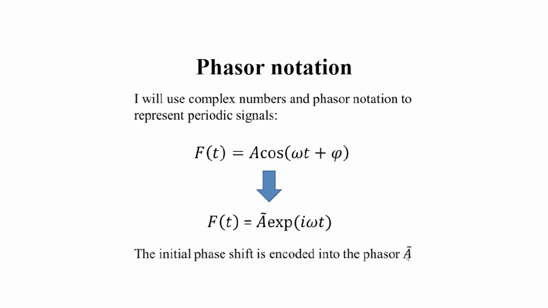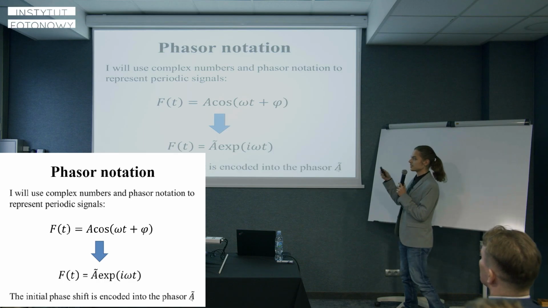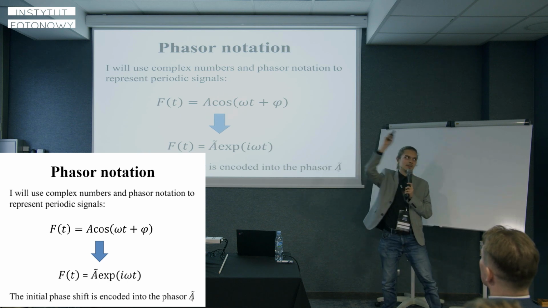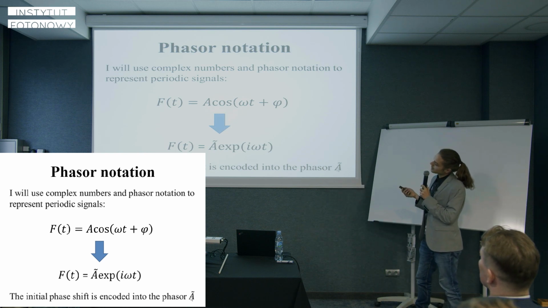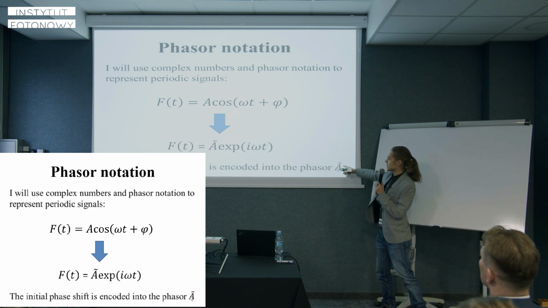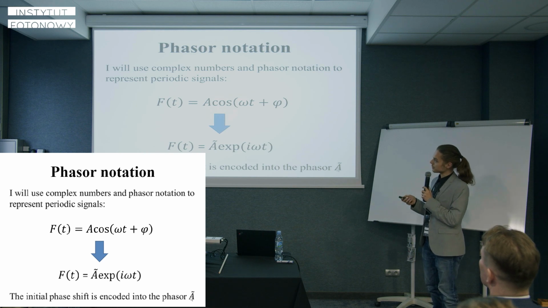I will use the phasor notation here, so I am using complex exponentials instead of cosines. I am doing this approximation to neglect the negative and keep only positive frequencies, and I encode the phase into the phasor, so that this tilde is a phasor. And this is kind of straightforward.